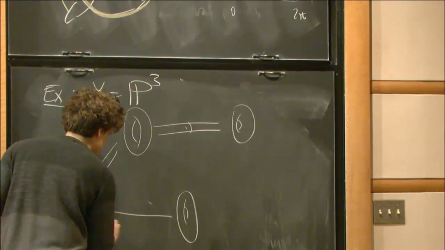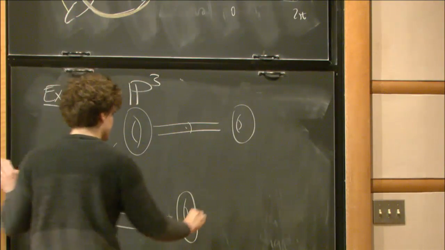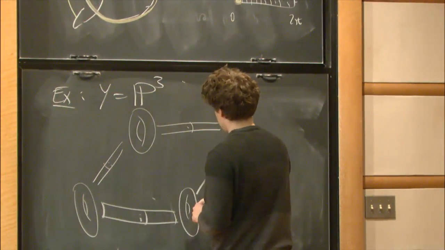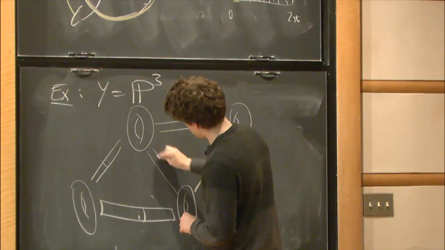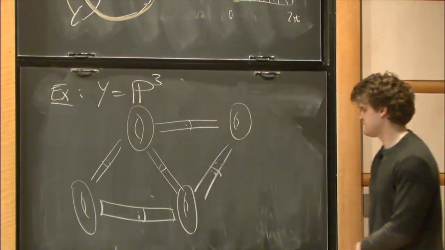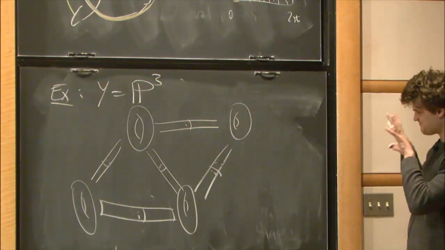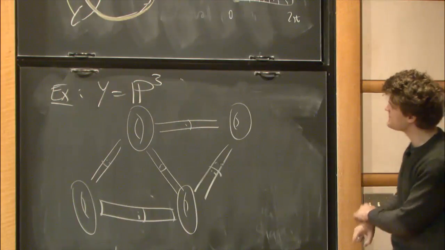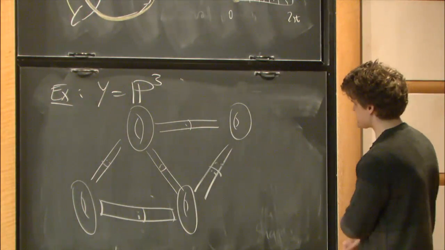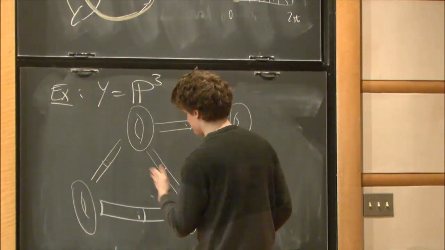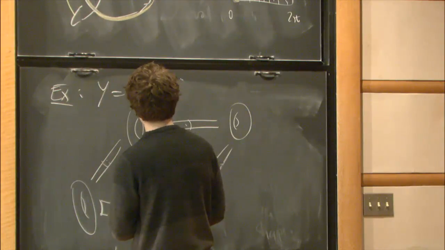And then there are 6 Legendrian tubes corresponding to the 6 two-dimensional cones in the fan of P3.